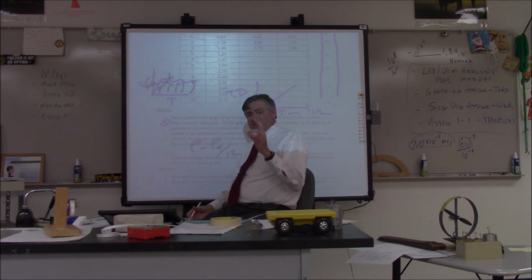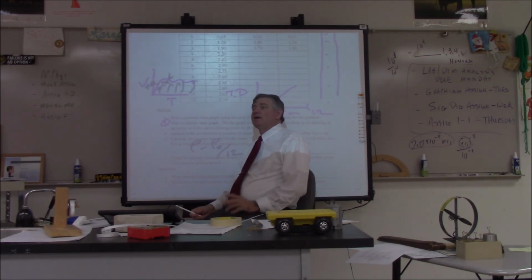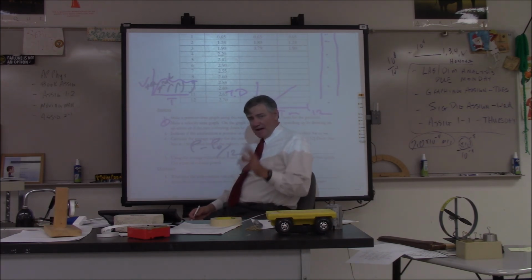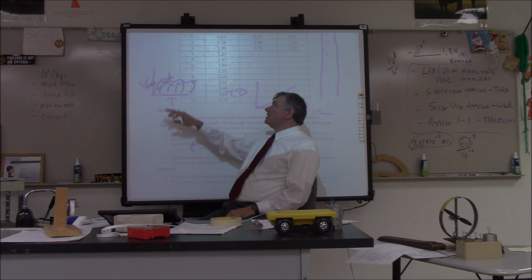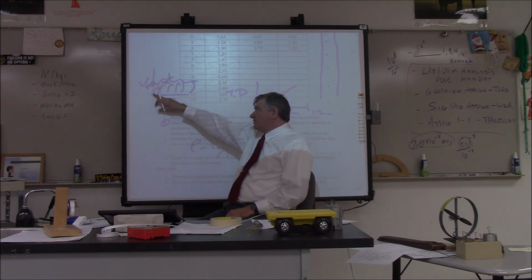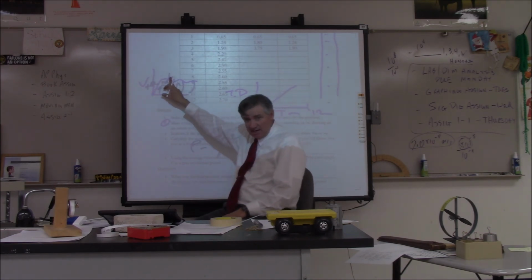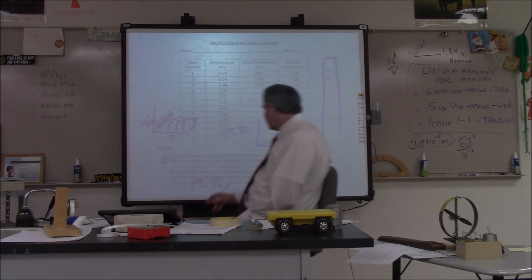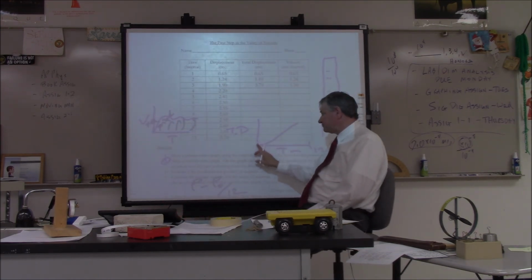So one of the things that you have to understand is that your position time graph and your velocity time graph have to show the same thing happening at the same time. Okay? So what's going to happen here is that when this graph is sloping up, indicating that it's speeding up, that's when this position time graph is curved, sloping upward.